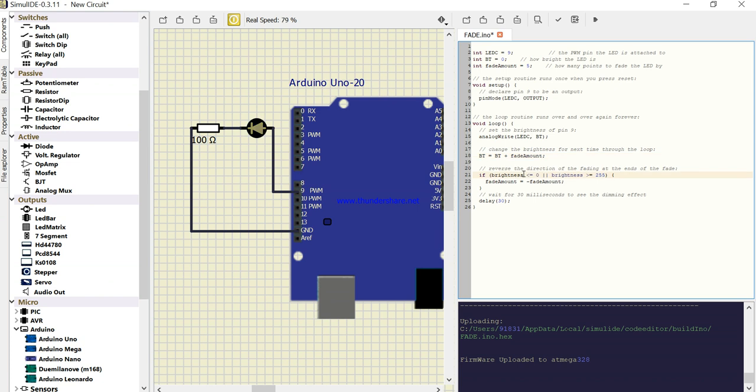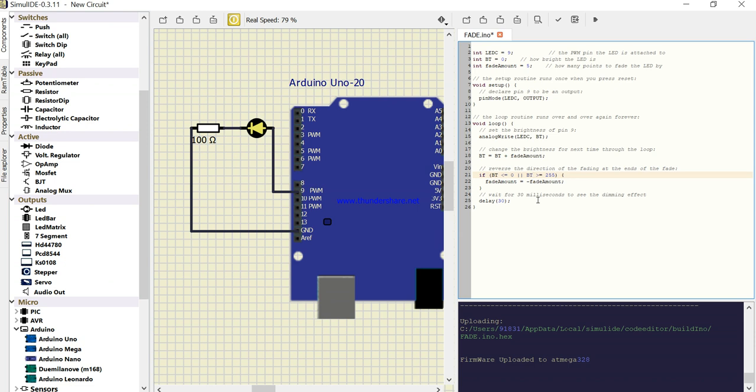Now, if the brightness is less than 0 or greater than 255, then the fade amount will become the minus fade amount.